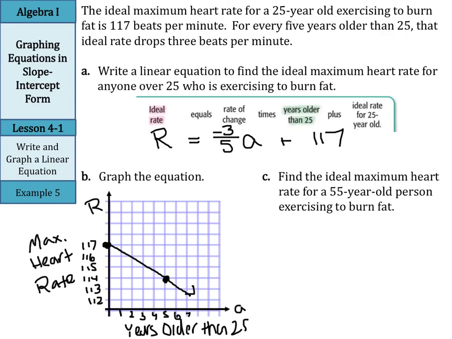Now, to find the ideal maximum heart rate for a 55-year-old person exercising to burn fat, well, let's start with our equation. R equals negative 3/5 A plus 117. If you think about 55, that is 30 years older.